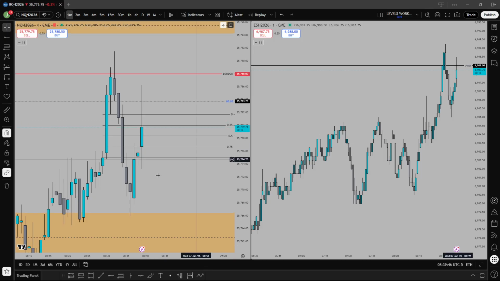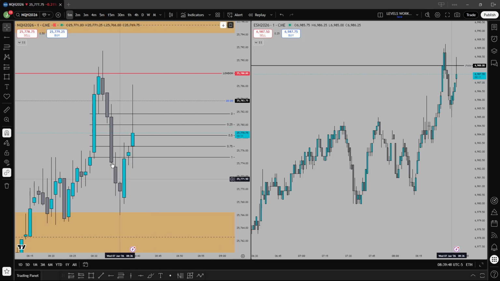I'll tell you why. Cause here's a gap, and we have inverted this gap.